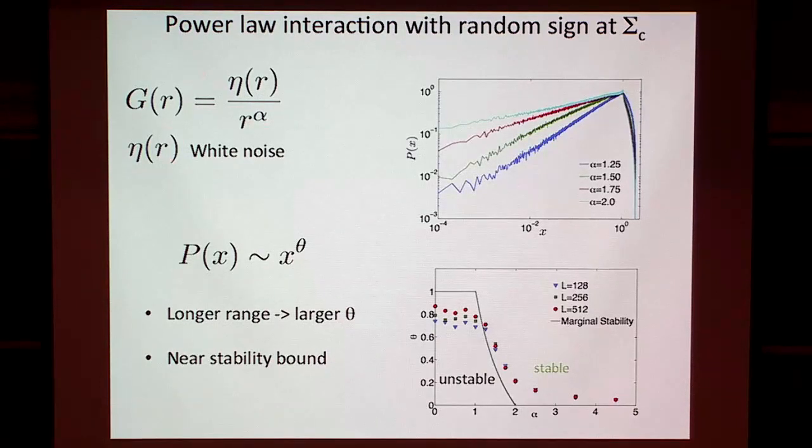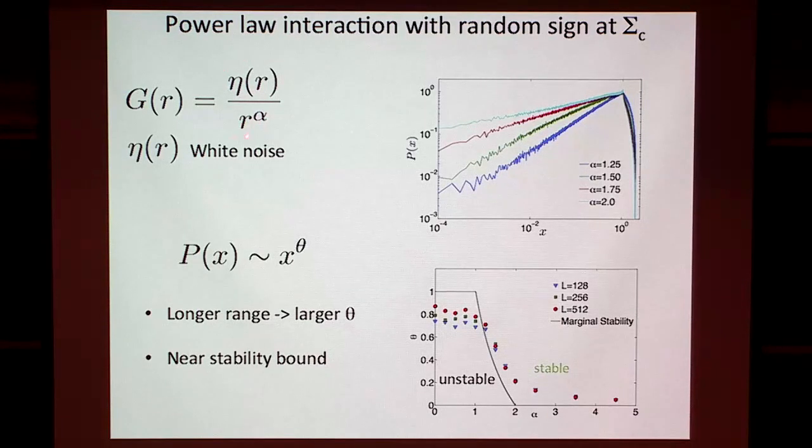So what we did the first time was to play with the interaction kernel and take a kernel that's decaying like 1/r^alpha. We're going to change the range of this interaction. Here we also put some random noise when we give the kicks, because the propagator is on average 0, and that's our way to satisfy this constraint.